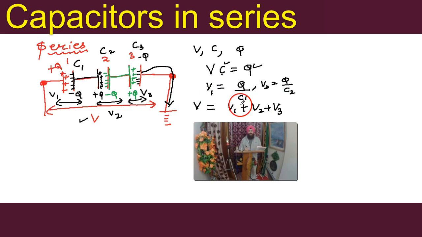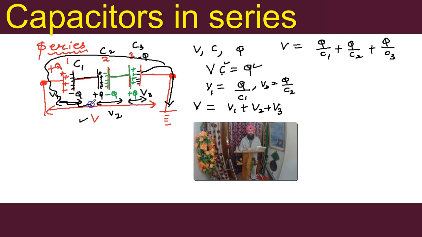So we get V equals Q by C1 plus Q by C2 plus Q by C3.